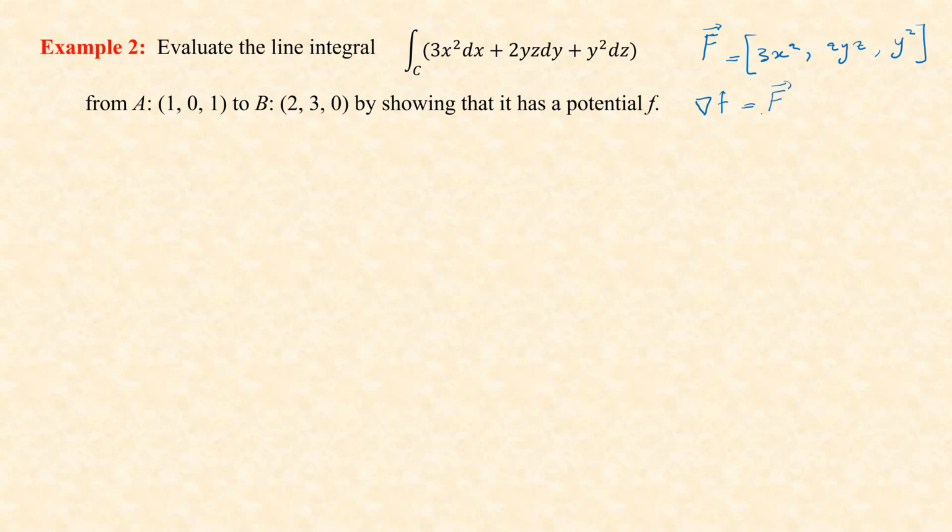That is, gradient of f is basically a vector whose components are del f del x, del f del y, and del f del z. Can you guess a function whose gradient is this capital F vector field?